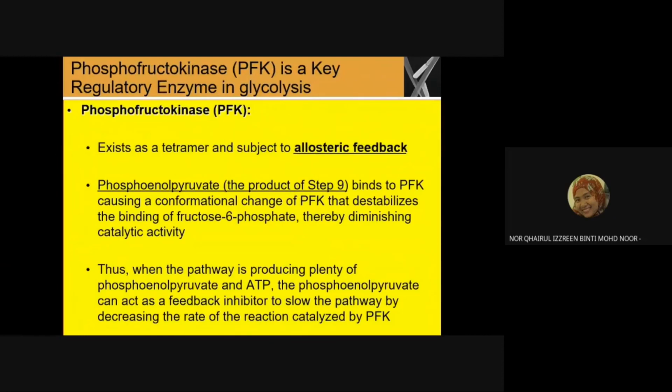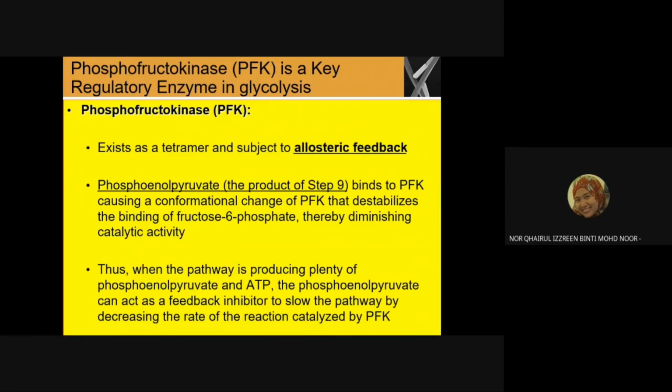So what is phosphofructokinase, PFK? This is a key regulatory enzyme in glycolysis. PFK is a tetramer, and it has allosteric feedback. Phosphoenolpyruvate, the product of step number 9, binds to this enzyme PFK.